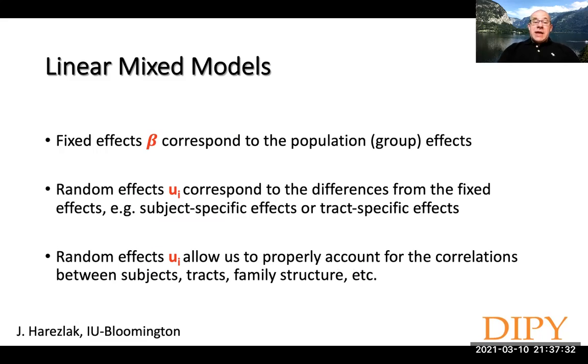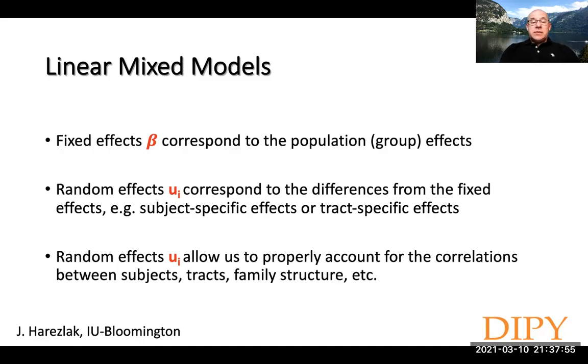So, as I mentioned on the last slide, those coefficients beta, they are so-called fixed effects, and they describe the group effects or the population effects. So as I mentioned, we might describe in those fixed effects the group differences between, say, patients and controls.